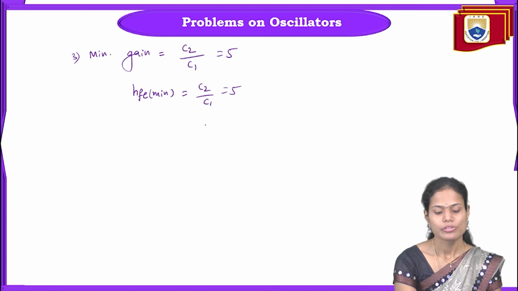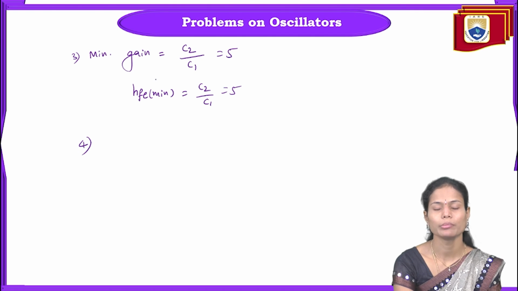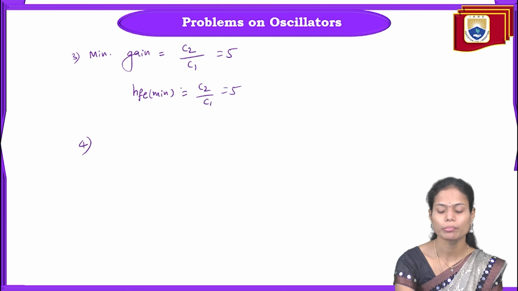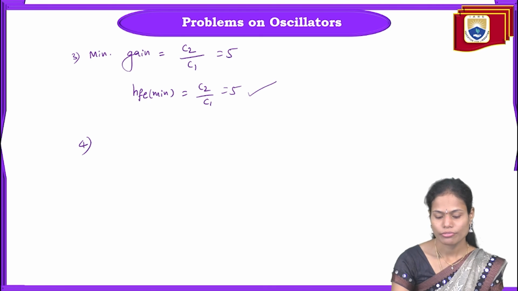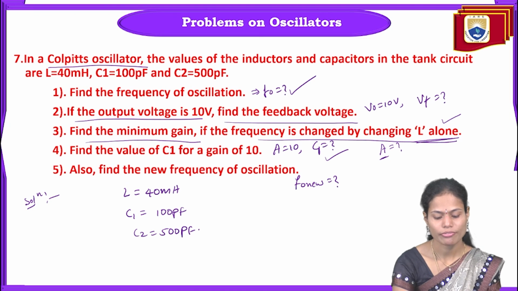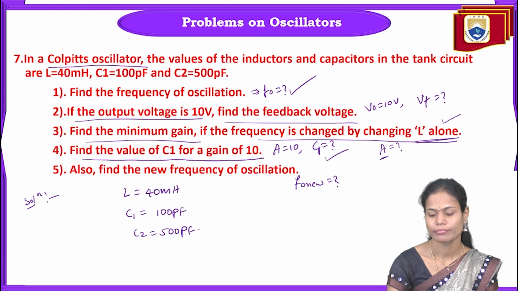So the minimum gain of the oscillator equals the minimum gain of the amplifier circuit. Next, the fourth bit: find the value of capacitance for a gain of 10.